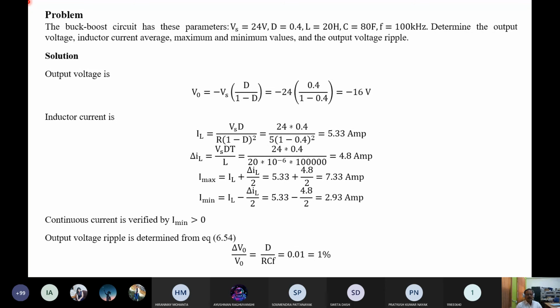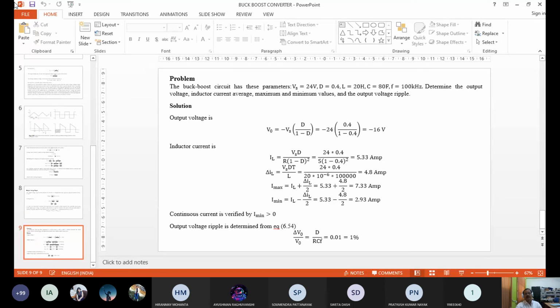Okay, then any question, if you ask me. Tomorrow we'll study the Cuk converter. The easiest way to remember the circuit is to interchange the position of the switch and inductor and change the direction of the diode.